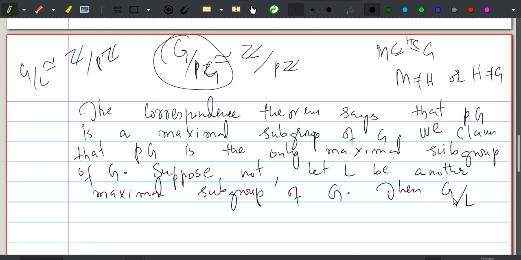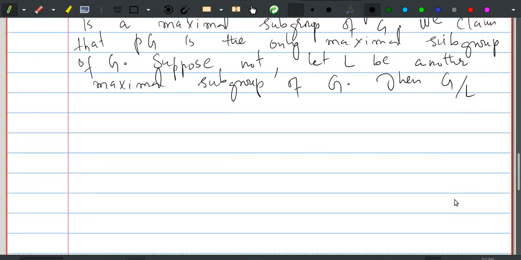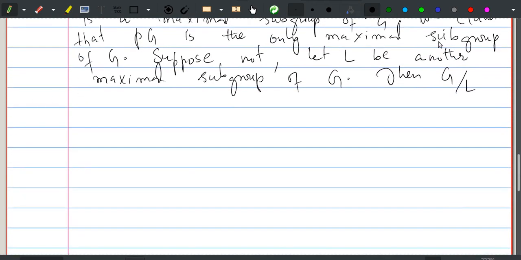So if L is maximal, then G mod L has no proper subgroups by the correspondence theorem. So we are claiming that this G mod L is simple.